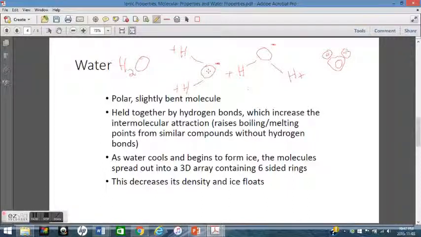Each of the oxygens is a little bit negative. This negative can align itself so that it's close to this positive, and that makes it so that there's going to be some attractive force. It helps to hold things together. Now, practically speaking, in the physical world that we can see around us, what this does is it raises the boiling and melting points from similar compounds that don't have these types of hydrogen bonds.